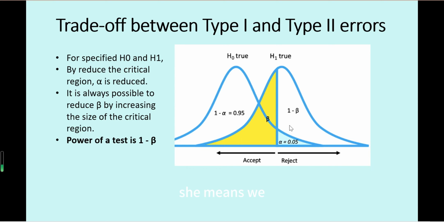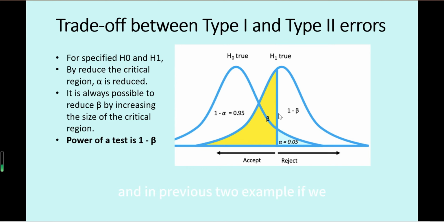It is the probability of truly rejecting H0 under the truth that H1 is true. So H1 is true and we actually reject H0. This is the correctness, the accuracy. This is the power of the test.